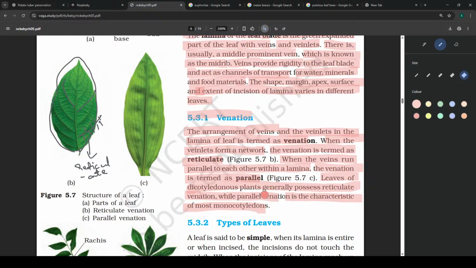Generally, leaves of dicotyledonous plants, dicot plants, will have reticulate venation like this, and monocot plants will have parallel venation. Even though they might not be exactly the same, monocots will have this kind of venation, that is the banana leaf kind of venation, and dicot plants will have the normal leaf kind of venation.